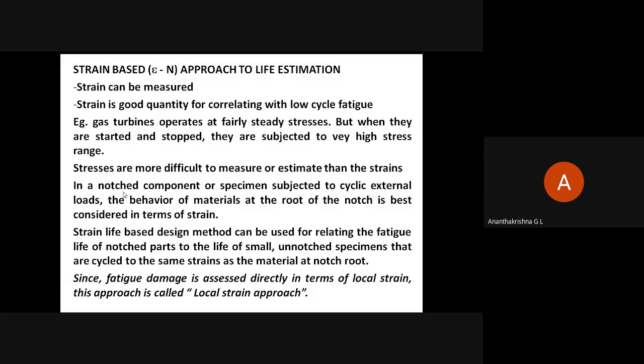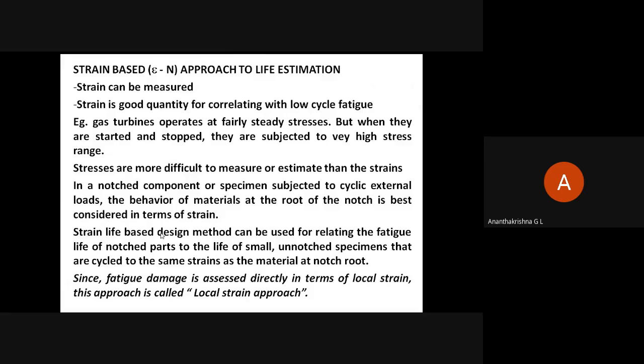Please remember, when a notched component or specimen is subjected to cyclic external loads, the behavior of material at the root of the notch, be it a hole, a notch or a groove, is best considered in terms of strain. That is, it is better to note down the strain at the root of the notch.